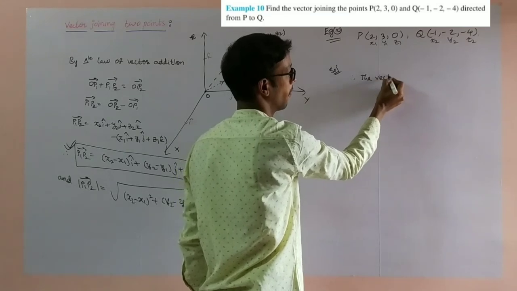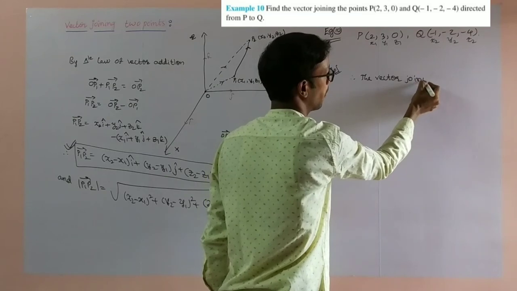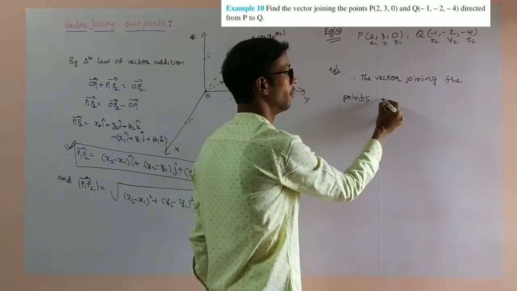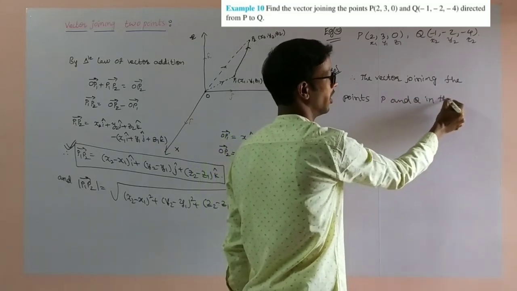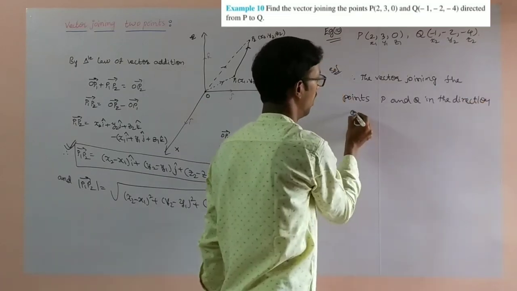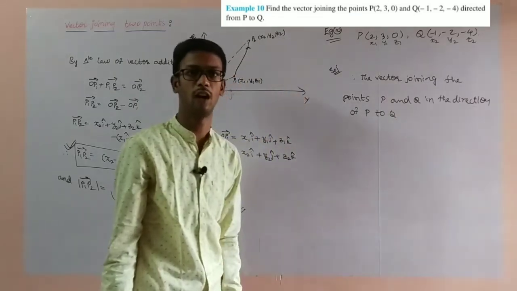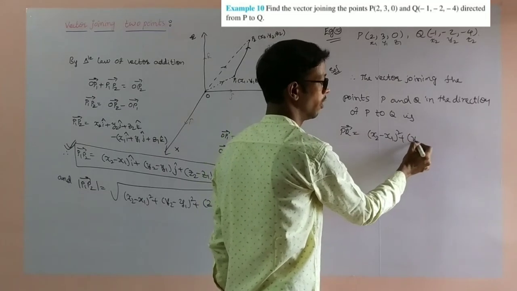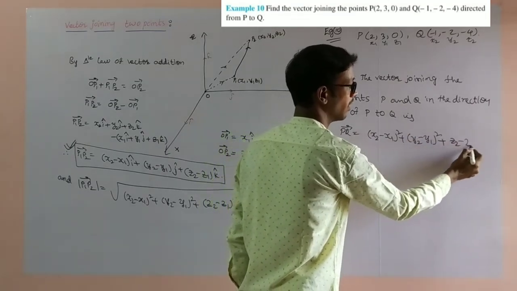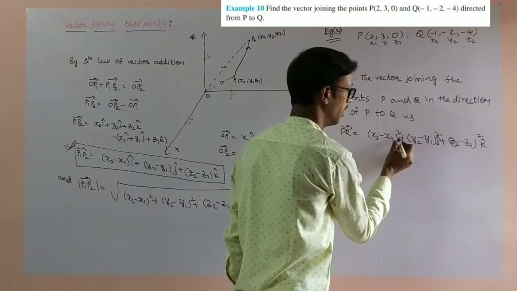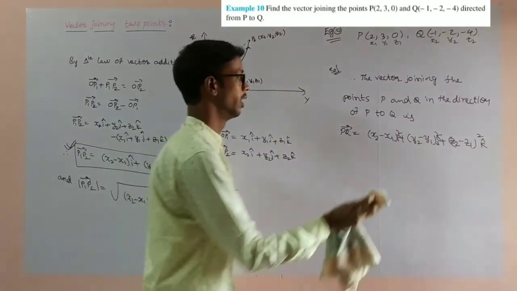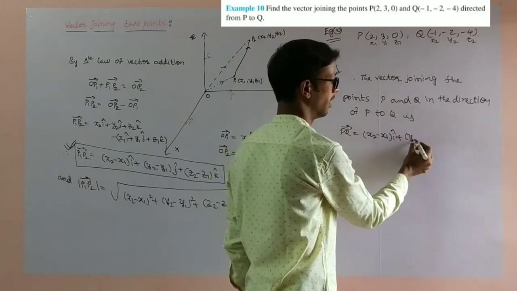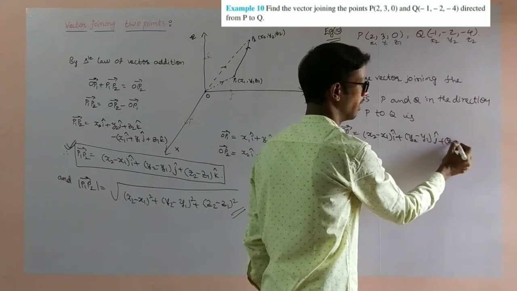Therefore, the vector joining the points P and Q in the direction of P to Q is PQ bar is equal to x2 minus x1 I cap, y2 minus y1 j cap, z2 minus z1 k cap.